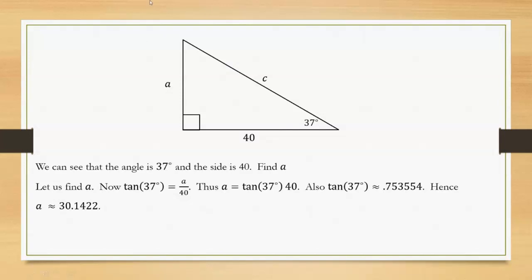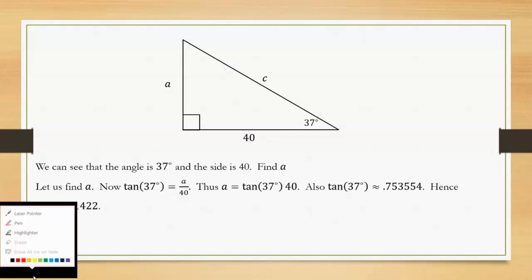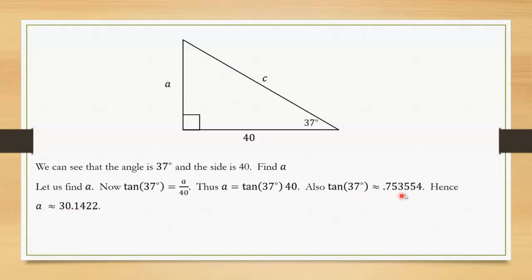So basically, once we do this, now we just do 40 times this, and rounding to 4 decimal places, we get this. That's what we get.